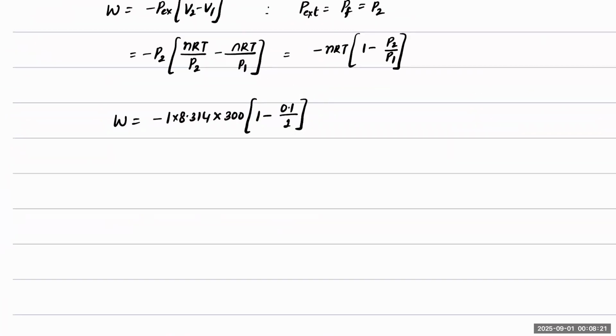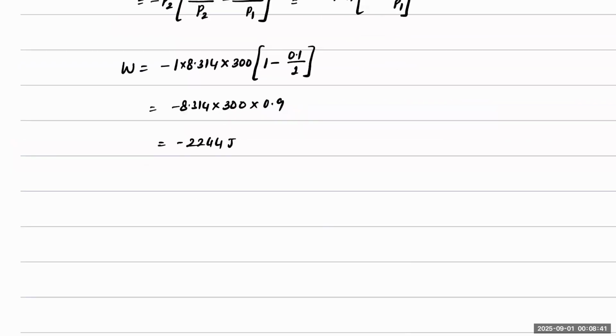So that makes it minus 8.314 into 300 into 1 minus 0.1, which is 0.9. So therefore 8.314 into 300 into 0.9. That makes it minus 2244 joules, so minus 2.244 kilojoules.